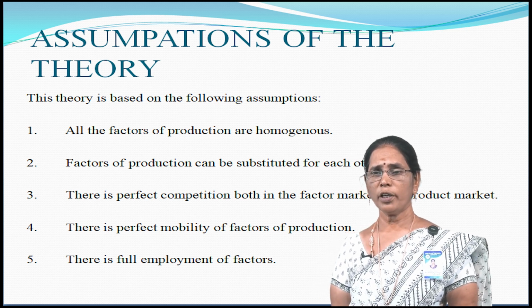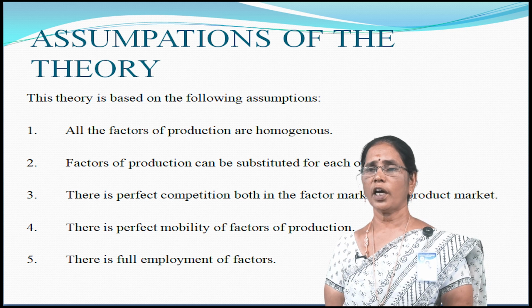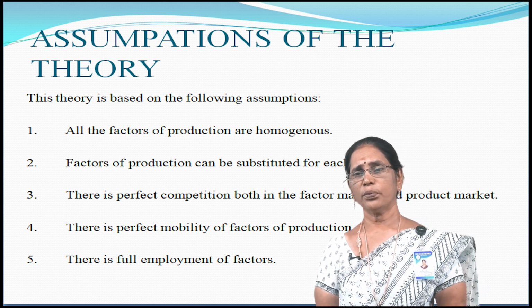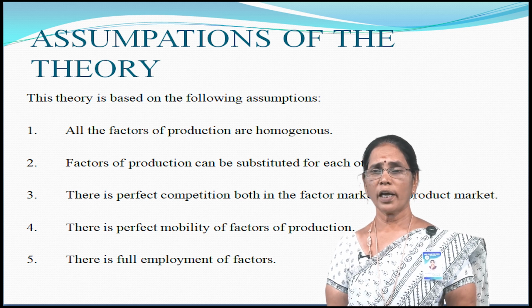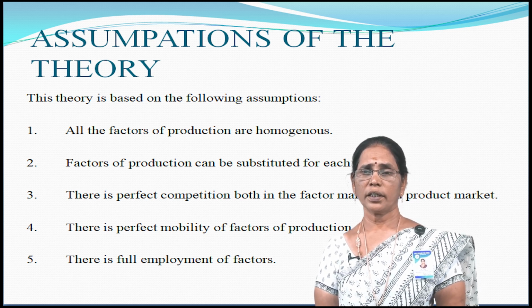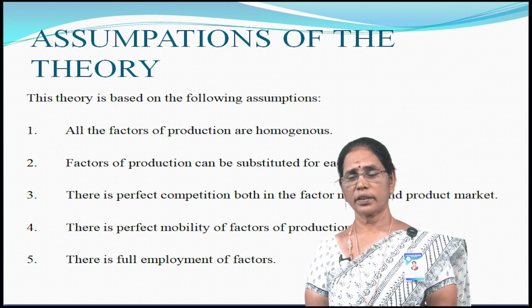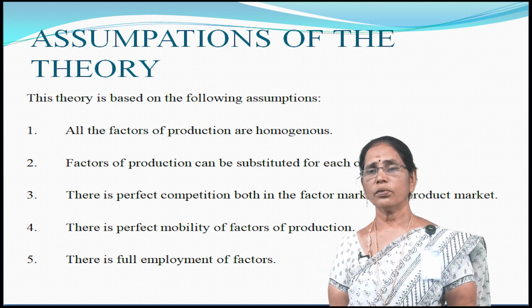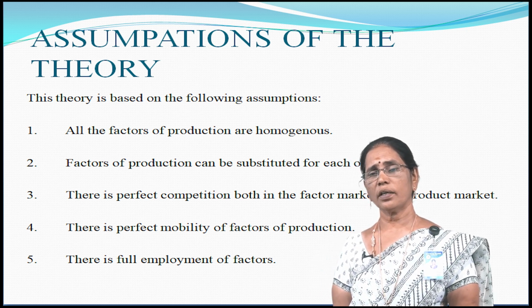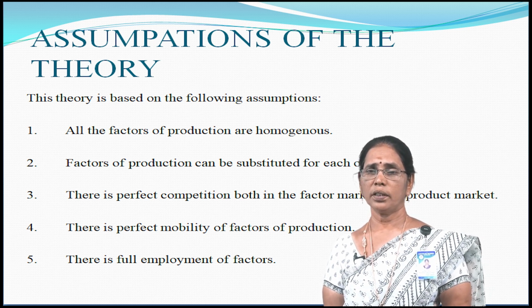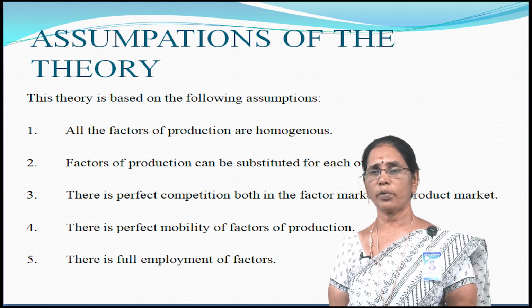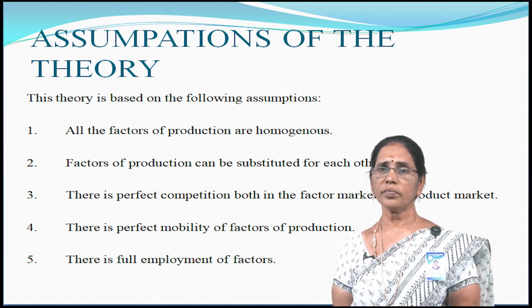There is perfect mobility of factors of production. Here we have to use many inputs for the purpose of production, and each and every factor is mobile. Then the next one is that there is full employment of factors. According to classical economists, the economy maintains full employment, so the theory is also based on full employment of factors.